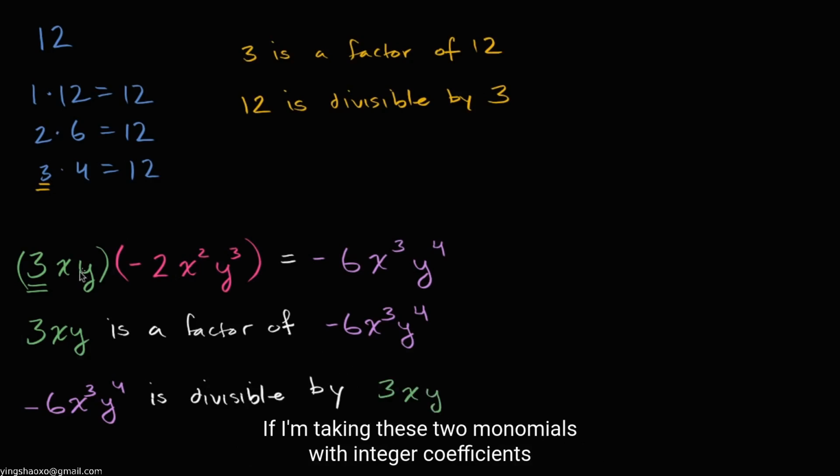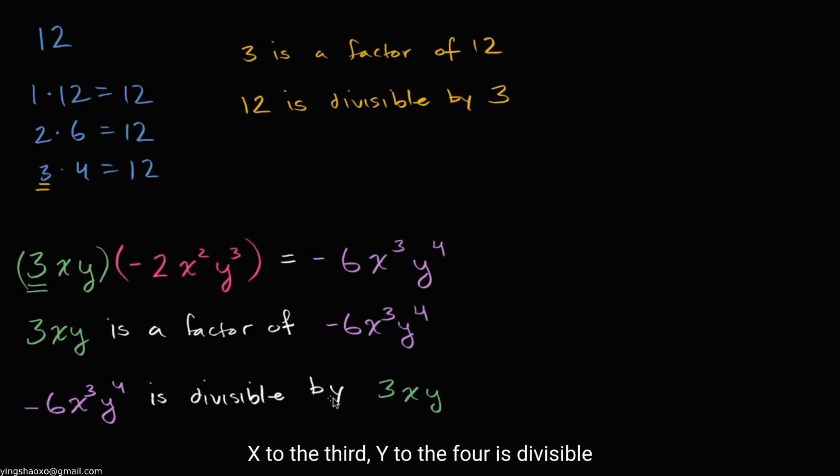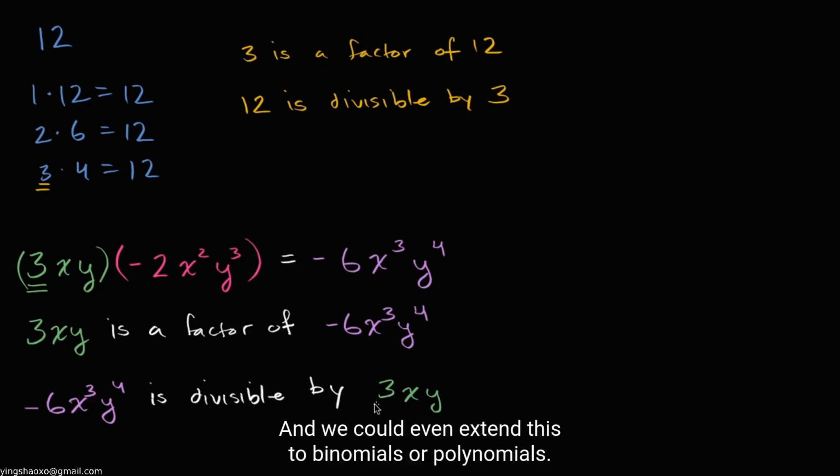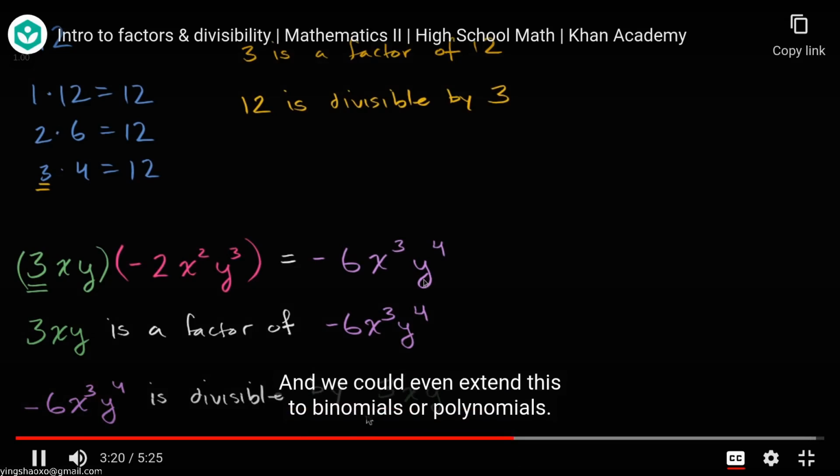So hopefully you're seeing the parallels. If I'm taking these two monomials with integer coefficients and I multiply them and I get this other monomial, I could say that either one of these, and there are actually other factors of this, is a factor of this monomial, or we could say that negative 6x to the third y to the fourth is divisible by one of its factors. And we could even extend this to binomials or polynomials.